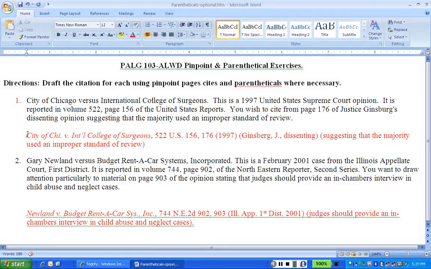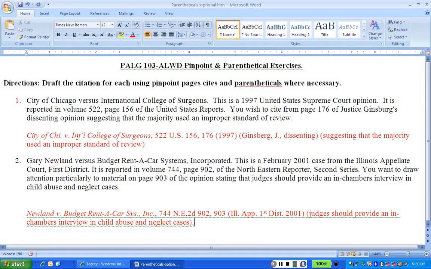And just like any other case citation, you have to consult the appendix, Appendix 3, for abbreviations, for any words in the case name that you could abbreviate. So in this particular example, I abbreviated Chicago because the abbreviation according to the appendix is capital CHI period. Now, international can be abbreviated in two ways.